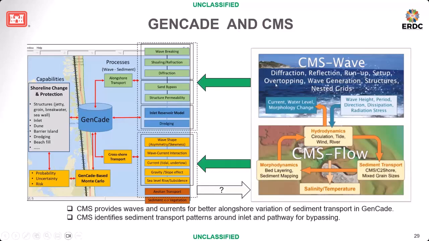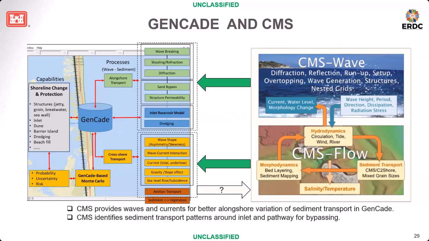CMS stands for Coastal Modeling System, a process-based coastal model that can do simulations of wave transformation, current, including tide, wind, and all the hydrodynamic forces, and sediment transport, including what we call the frictional sediment transport. It can simulate seismic losses impact on sediment transport.